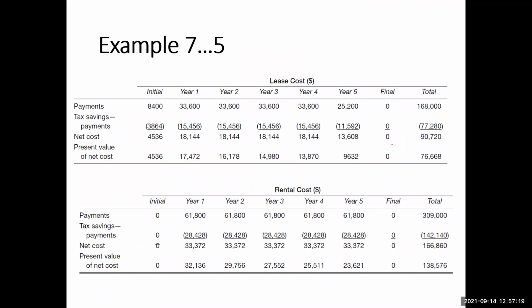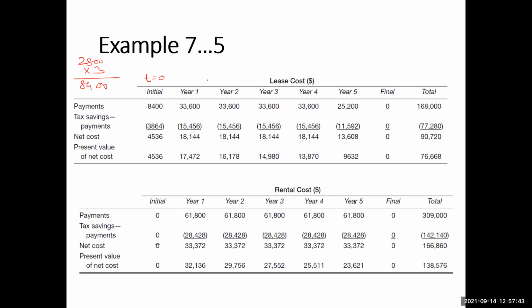In the leasing option, the calculations are relatively simple. The initial lease payment is 8,500, because the lease was for 2,800 and initially 3 months of lease is required. So initially you pay 8,500, at time 0.